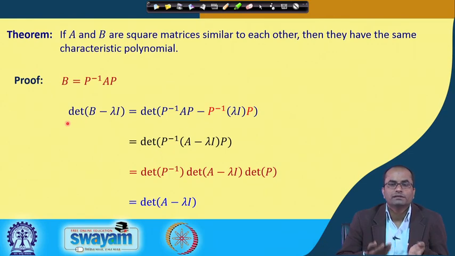In other words, A and B have the same eigenvalues, and we have seen in the previous slide the relation for the eigenvectors as well.